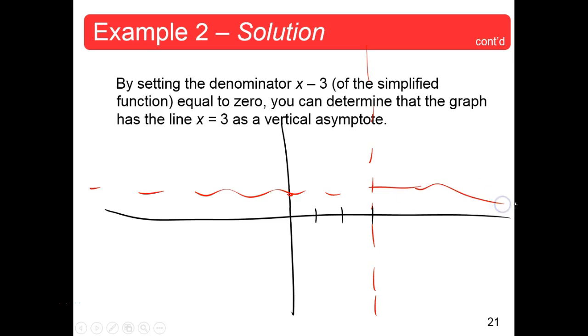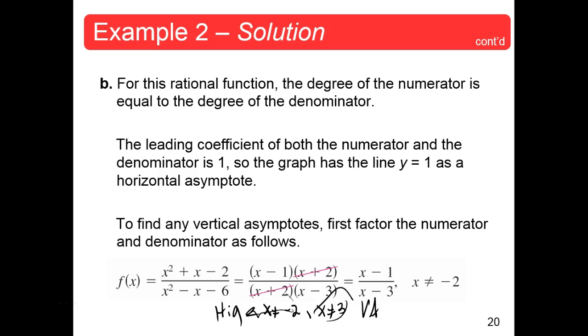Okay, now, let's go back here. When you say x equals 0, that's going to be your y-intercept. So x equal 0, y-intercept. That's going to be a positive 1/3.